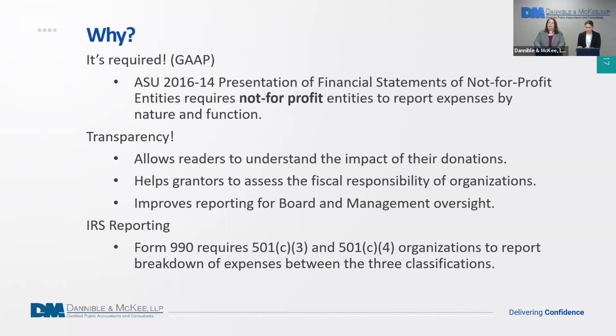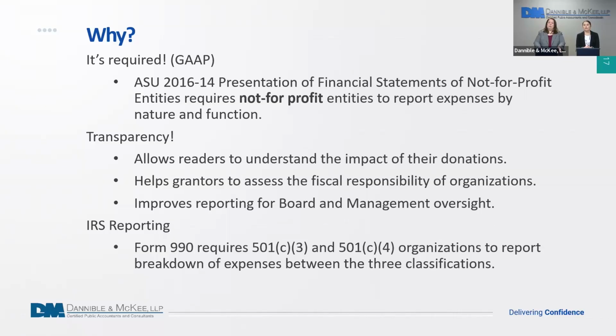We're talking about allowing the readers to understand the impact of their donations. It helps grantors to assess the fiscal responsibility of the organizations. It improves reporting for board and management oversight. And it's also required for the IRS reporting. Form 990 requires 501(c)(3)s and (c)(4)s organizations to report the breakdown of expenses between the three classifications.